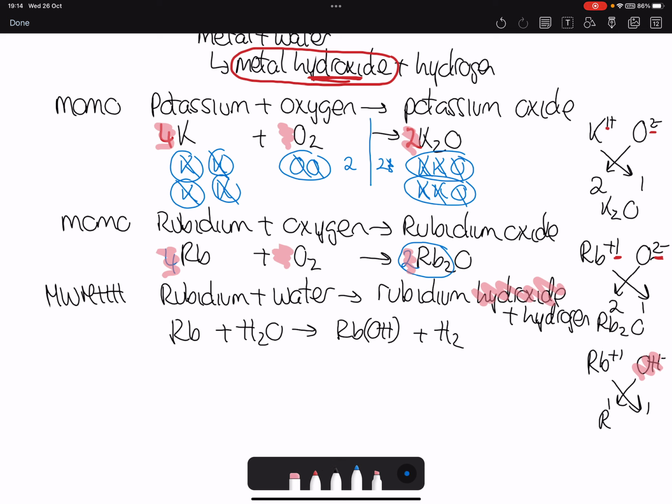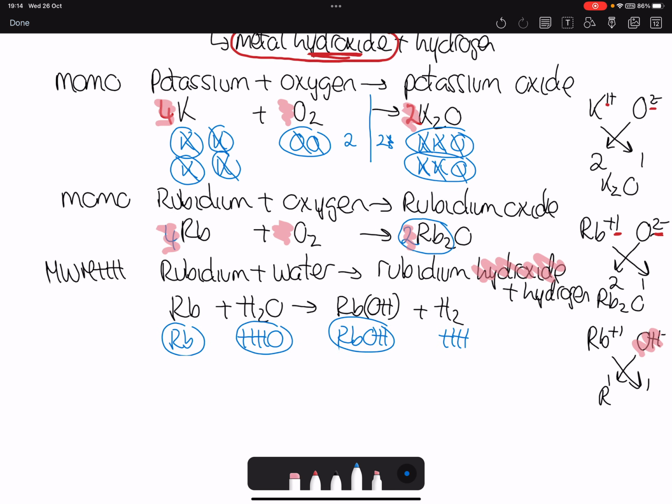So we go to our packets of stuff. Rubidium plus water gives me RbOH and HH. In my head, the most obvious thing is I have 2 oxygens on my left-hand side and 3 on my right. If we were to go to 2 hydrogens on my left, 3 hydrogens on my right.